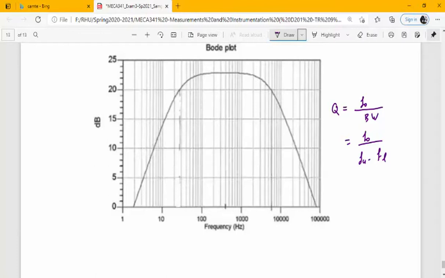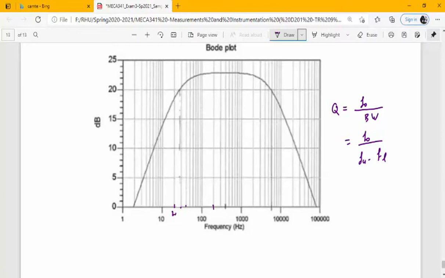Remember, this is a logarithmic graph. On the x-axis we have 1, 2, 3, 4, 5, 6, 7, 8 till 9. Then we jump 10 by 10, then we jump 100 by 100. So here we have 10, 20, 30, 40, 50, 60, 70 until we reach 100.